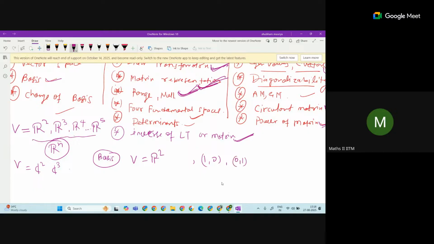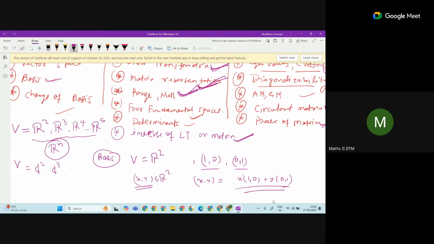Any element of R2 (x, y) can be written using these vectors as x times (1, 0) plus y times (0, 1).